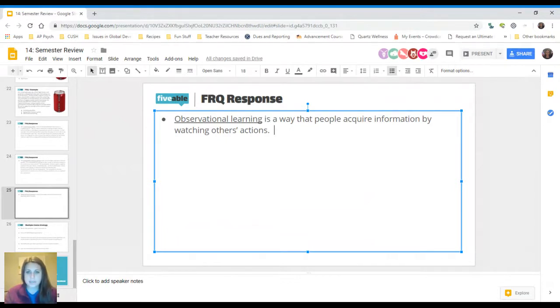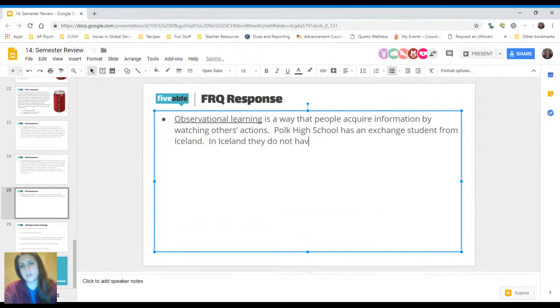So I might say something like, maybe there's a foreign exchange student. So we'll say, Polk High School has an exchange student from Iceland. In Iceland, they do not have school pep assemblies.